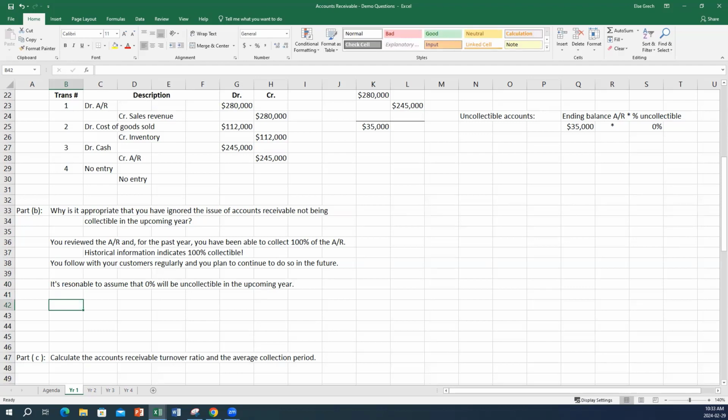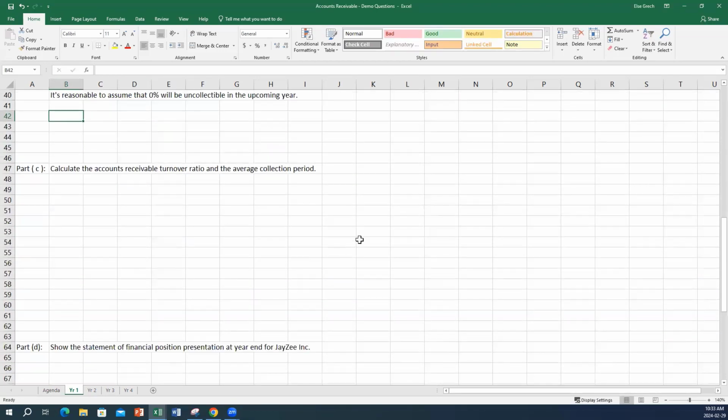So remember, you haven't ignored anything. You've assessed the outstanding accounts receivable at the end of the year and determined that 100% is collectible and 0 is uncollectible, which is exactly what you need to do. Let's move on to part C.